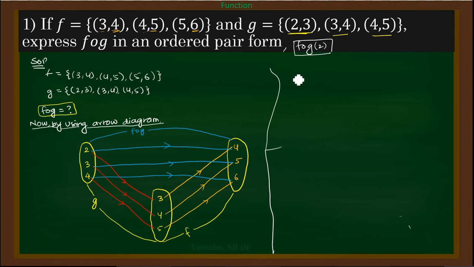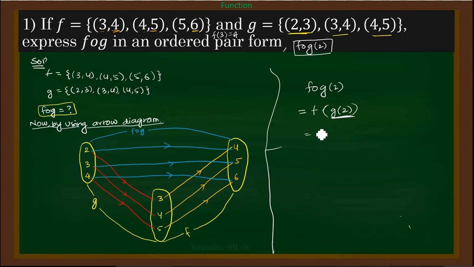So F composite G2, as I mentioned earlier, if the function F is 3, 4, 4, 5, and 5, 6, then simply it will give F3 is equal to 4. Okay, so I can break down this function in this format: F G2, F composite G2.